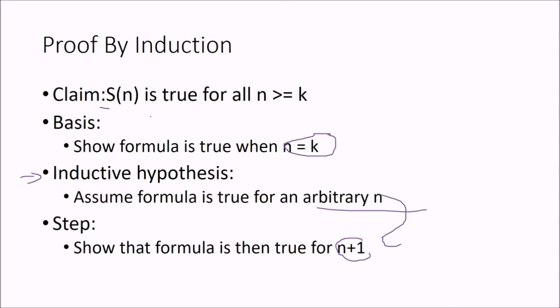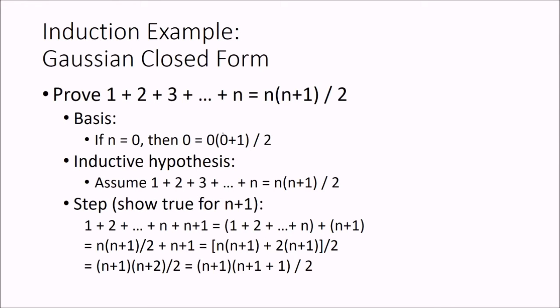You might be lost here, but let us try with an example. We have to prove that 1 plus 2 plus 3 up to n, the summation of the first n natural numbers, is equal to n times (n plus 1) by 2. This is our S(n) function.